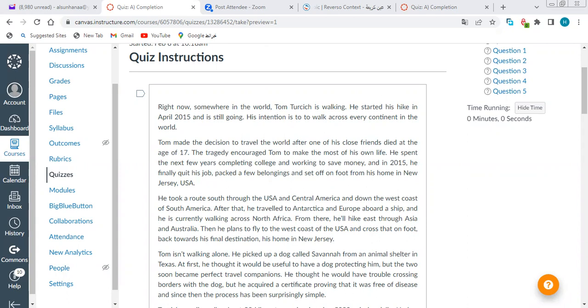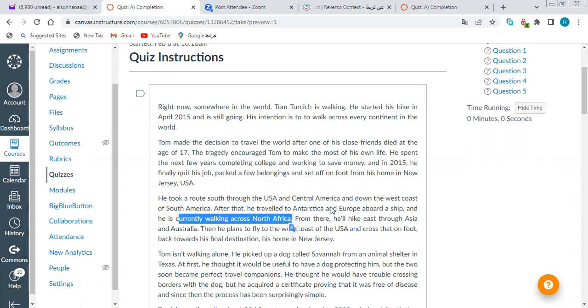Okay, guys, let's look together here. This is the paragraph that includes the continents he visited, paragraph 3. I say that after that he traveled to Antarctica and Europe aboard a ship, and he is currently walking across North Africa.